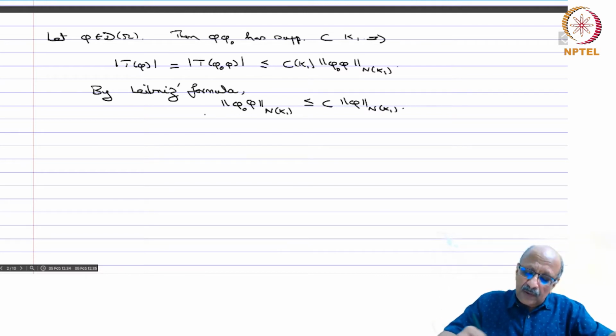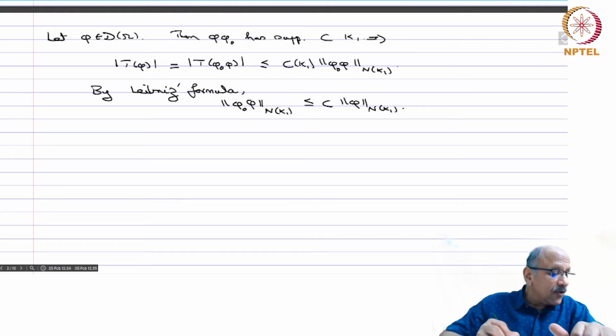What is the Leibniz formula? It says that all the derivatives of φ_0 φ are linear combinations of derivatives of φ_0 and derivatives of φ. Now derivatives of φ_0 are all uniformly bounded, so they can be absorbed in the constant, and therefore you have just derivatives of φ which have to be estimated.